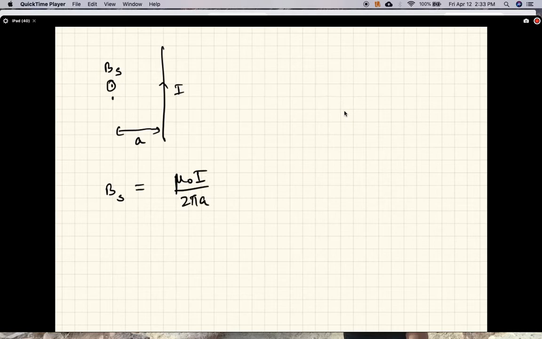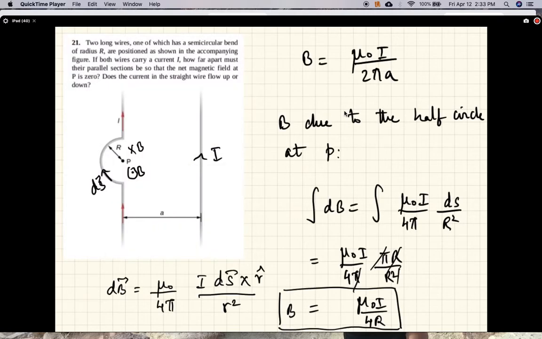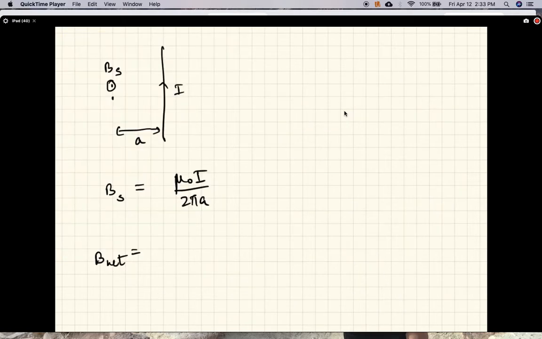All right, and what we want is the net field to be 0. The field due to the semicircle we'll call positive, which is going into the sheet, and we'll call the straight one negative.